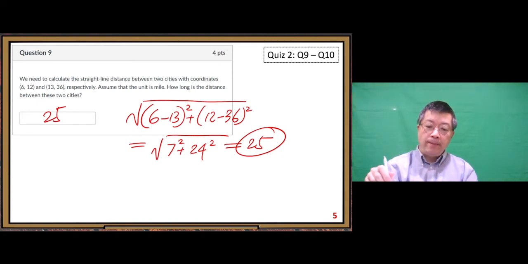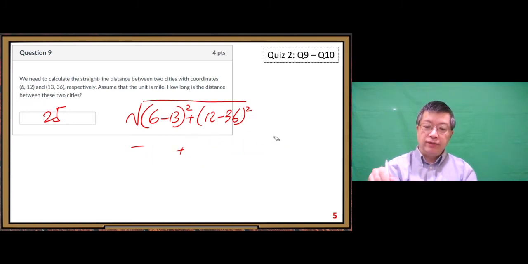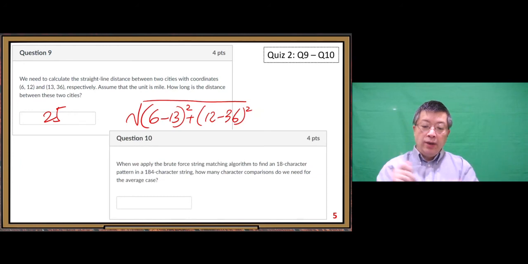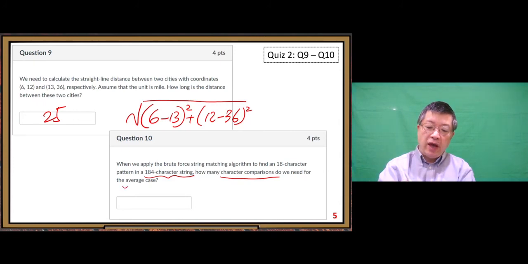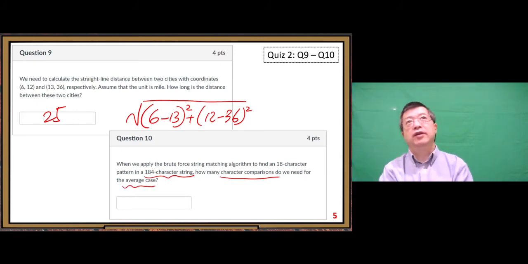All right. Last question. Last one. Number 10. When we apply the brute force string matching to find an 18 character pattern, with this many total characters, how many character comparisons do we need for the average case? We have that formula, right?